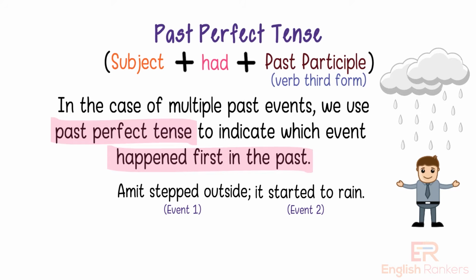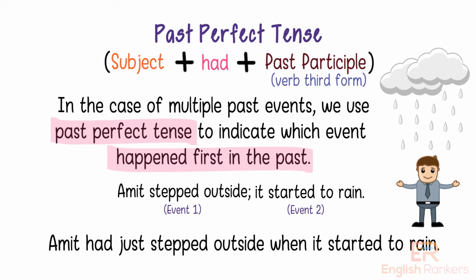Now I just used the past simple for both of these events. We don't know which event happened first, right? All we know is that both events happened in the past. These are 2 separate sentences and there is no relationship between them. The same thing can be written as: Amit had just stepped outside when it started to rain.